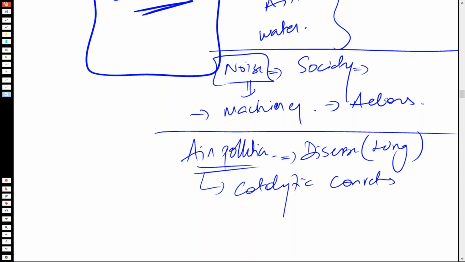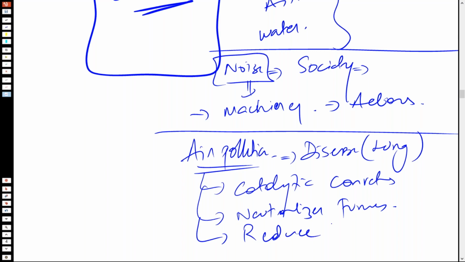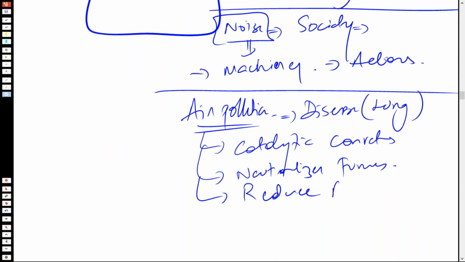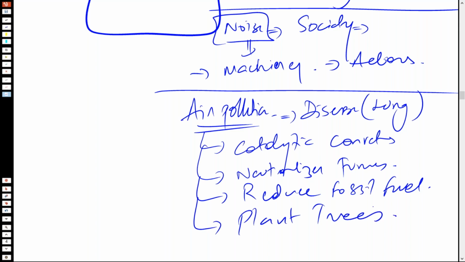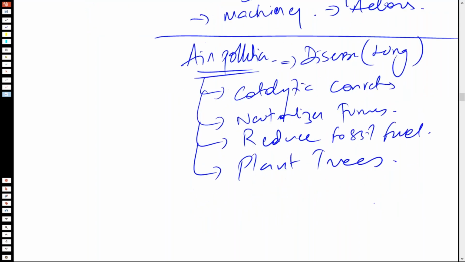At the same time, they install neutralizers on the fumes. They try to reduce the use of fossil fuels. They try to plant more trees. There are a lot of actions that organizations take in order to tackle air pollution.